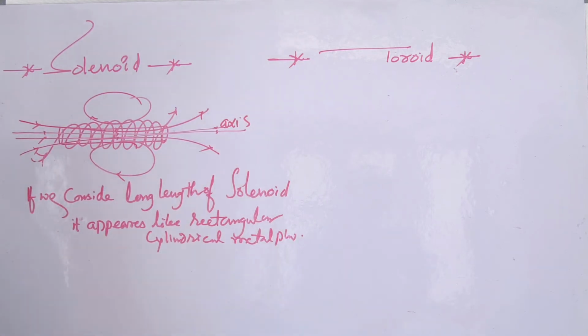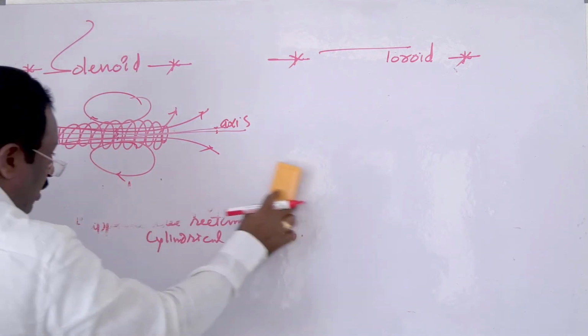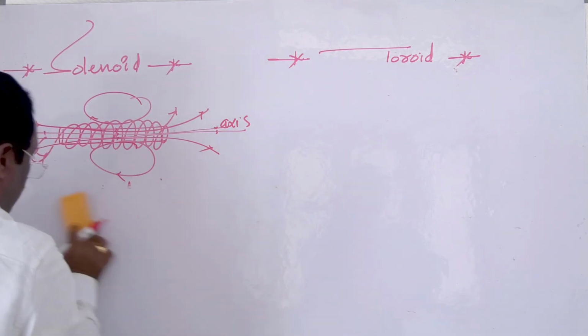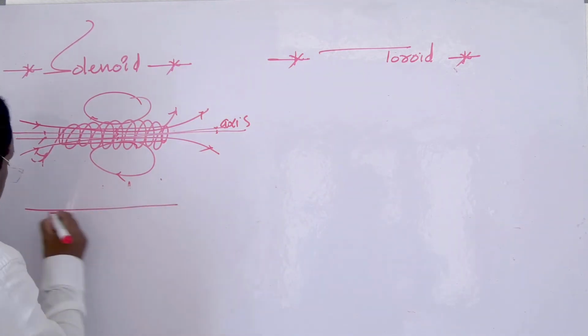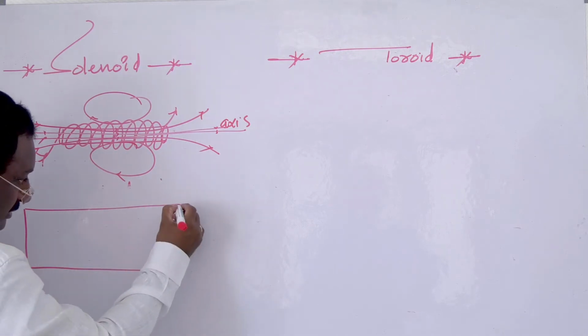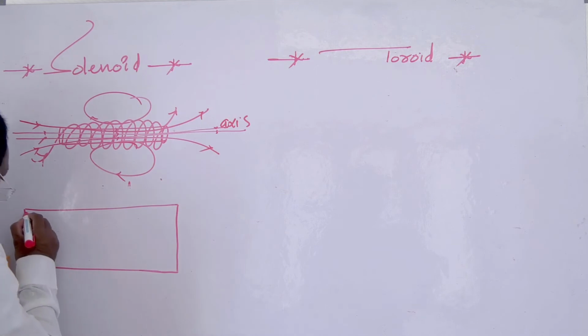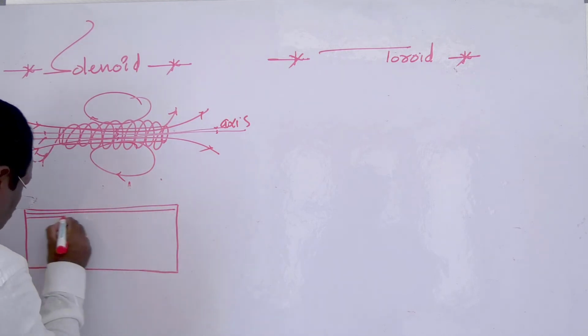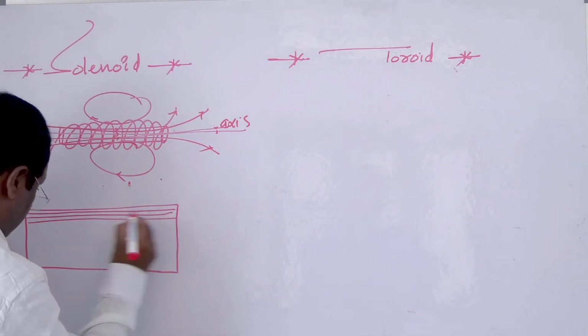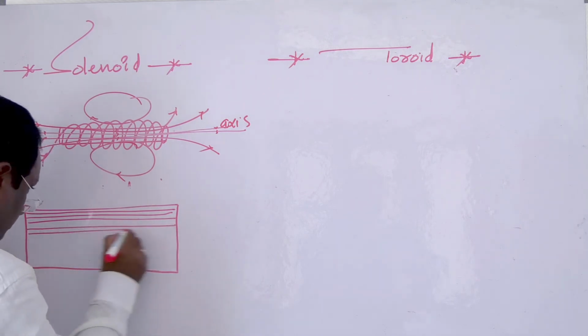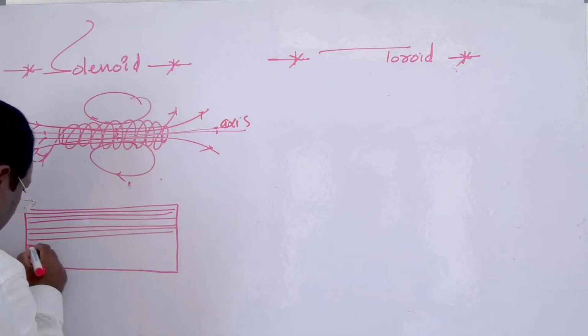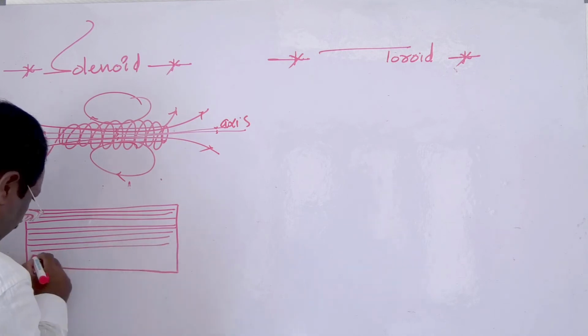Now consider a very long solenoid. It appears like this, a rectangular cylindrical metal plate. The field lines in this long solenoid are almost all parallel lines with equal distance.